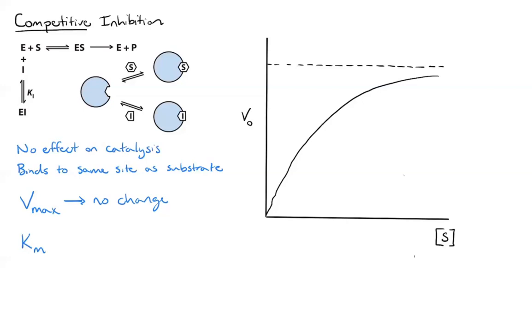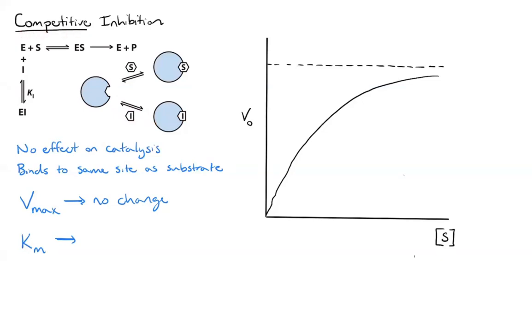But because the enzyme substrate complex can't form when the inhibitor is bound, that is going to change what is apparently happening with our Km here, right? The enzyme still has technically the same affinity for the substrate, but because at least at high inhibitor concentrations this active site is going to be blocked, what that ends up meaning is that it's going to look like the enzyme is worse at binding the substrate than it actually is when there's an inhibitor present here that falls under this competitive label.